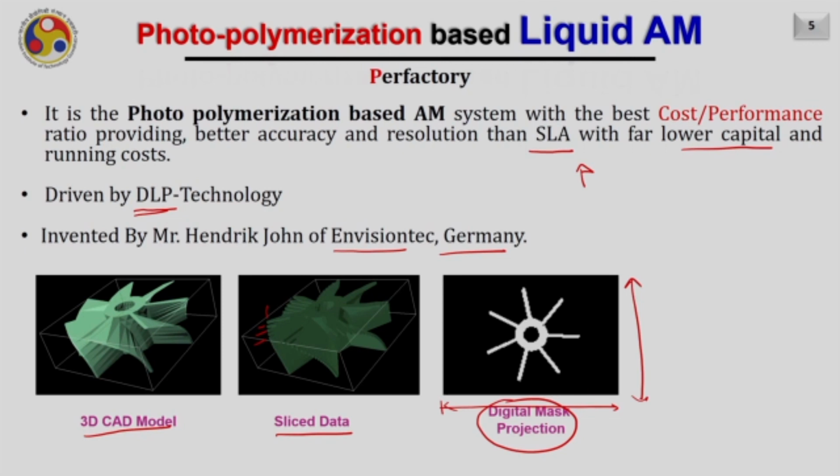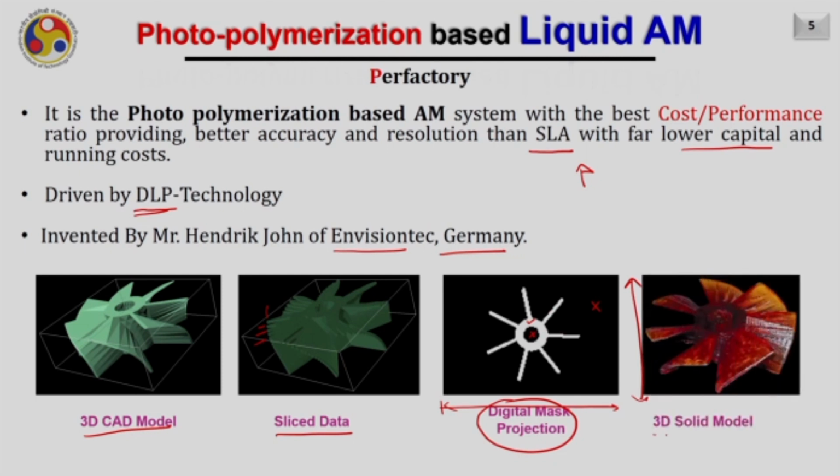Only the mirrors in the region where there is material deflect the light, and where there is no material, the mirror does not allow it, meaning it has created a mask. After creating the digital mask for each layer, we can pass the light through each and every slice and build the object. Finally, of course, your solid model will be ready.